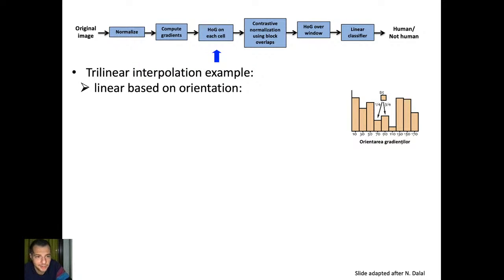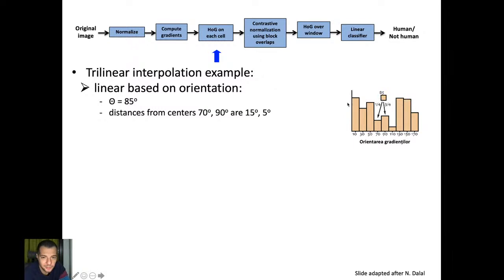So how exactly does this work? If you have a pixel with an orientation at 85 degrees, then this orientation is divided between these two bins. Most of it goes to this bin, but part of it also goes to the bin close to it. So we consider the distances to the centers. The centers are 70 degrees and 90 degrees.